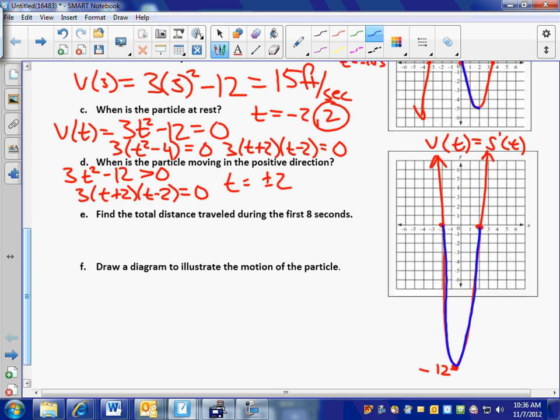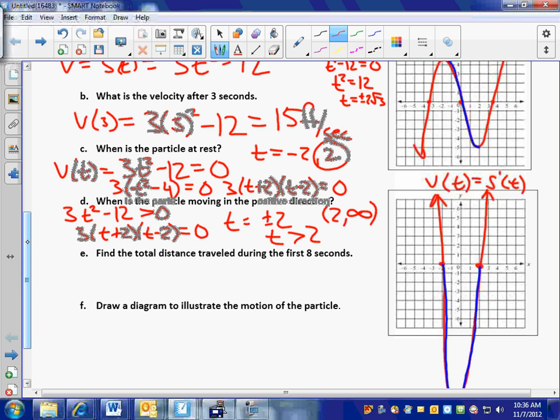So when is the particle moving in the positive direction? We don't talk about the negative because we're not concerned with negative time. So when t is greater than 2, so you could write from 2 to positive infinity, that would be the interval over which it is traveling in the positive direction. So let's think about this. The particle takes off at time 0. Does it start by traveling in the positive direction or the negative direction?